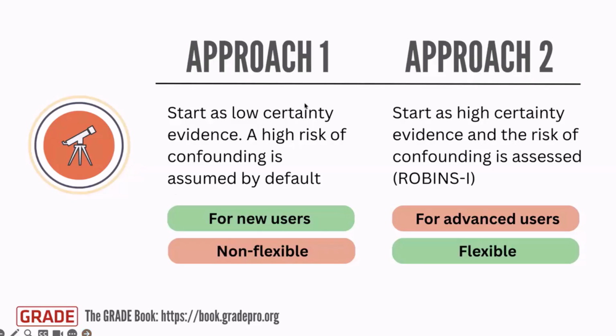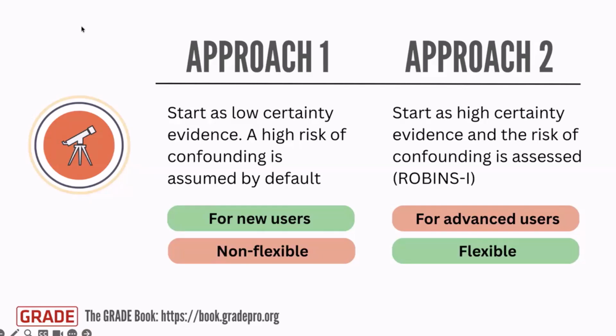So that's why we have another approach. We typically require more knowledge and more time to do it. Where you say, instead of assuming high risk of confounding and rating down immediately by 2 levels, we can assess the risk of confounding with tools like ROBINS-I. So this is more flexible, but requires knowing a lot more about observational studies, and also more time. What happens typically is that approaches 1 and 2 very often give similar results.